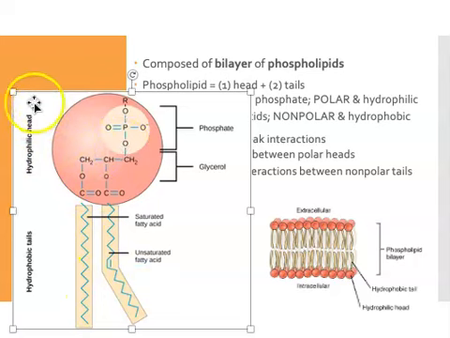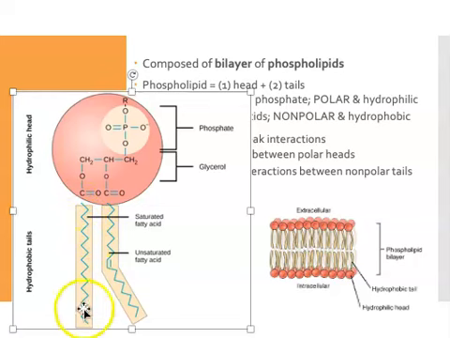The two tails are very different. The artist has drawn these tails as containing these zigzag lines. This represents lots and lots of carbon and hydrogen, or what we would call in chemistry a hydrocarbon. The hydrocarbon is attached right here to the head at what we call a carboxyl group.